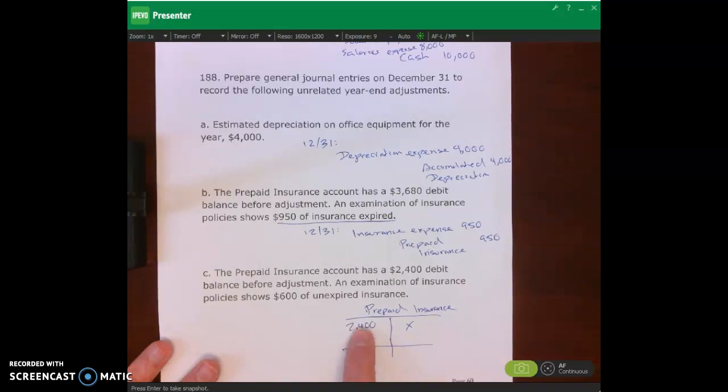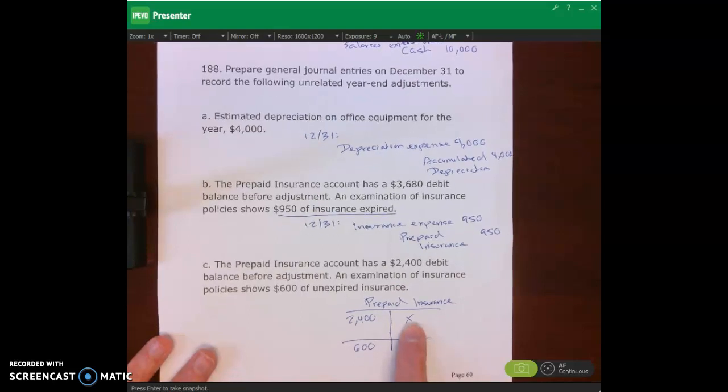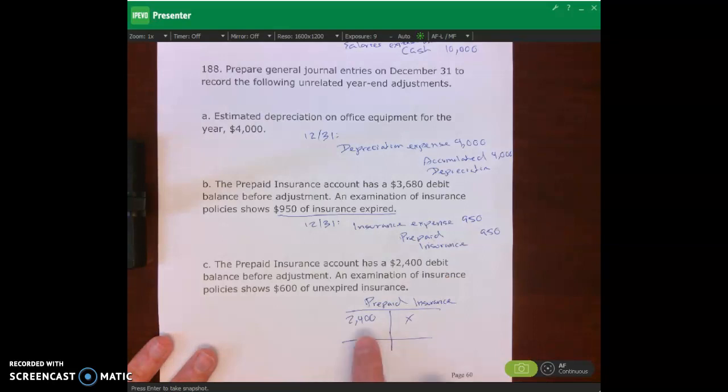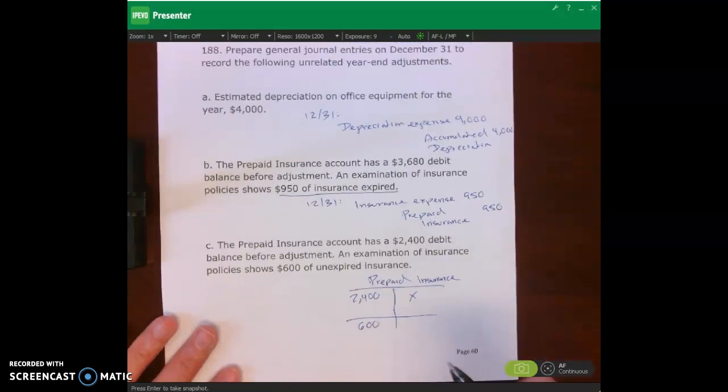This is how much we had to begin with. And then we need to figure out what adjusting journal entry was done. Well, that's to figure out what the credit to prepaid insurance is, which is how much was expired. So how can I figure that out? 2,400 minus the 600 gives me 1,800.